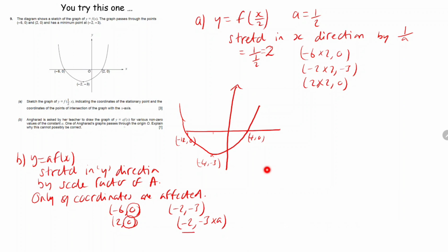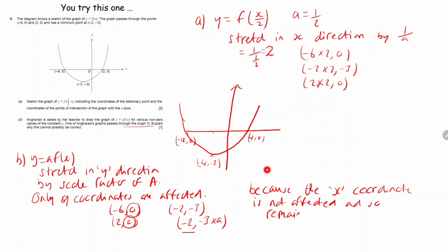So the reason why it won't go through the origin is because the x coordinate is not affected, and so remains as -2.